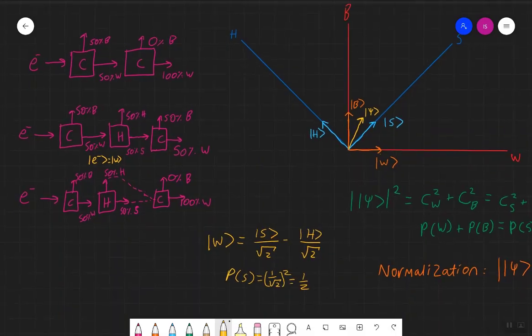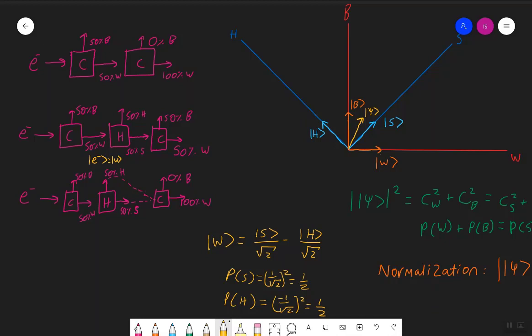Similarly, the probability of being hard: negative 1 over root 2 is the coefficient for being hard, and that coefficient squared is 1/2. And again, these add up to 1. So if you're in the state of definitely being white, then your probability of being soft is 1/2 and probability of being hard is 1/2, which is exactly what the Stern-Gerlach experiment says.